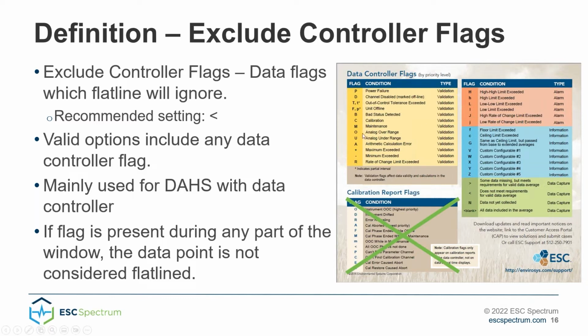This data controller flag setting here for validation will set this invalid flag down here, which is the reason why we use that less than flag, and why that flag is recommended specifically. You all might have some cases where you're getting data flagged with other custom flags for various reasons that you want to include in this setting, but largely that less than flag will catch most scenarios.